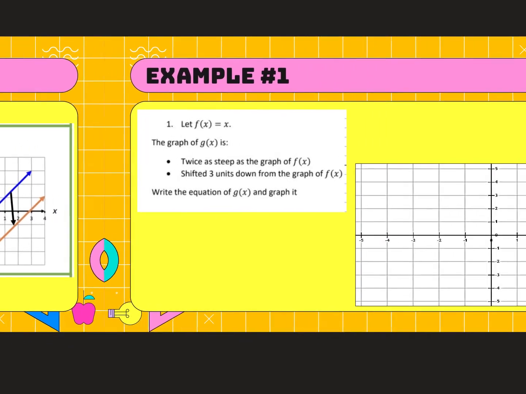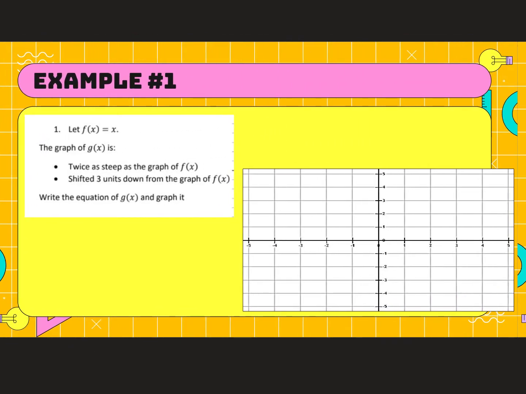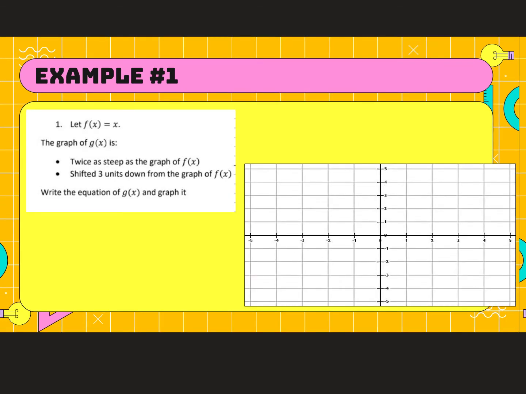All right. So let's look at some examples. So we're here, let f of x, remember f of x is the same as y. So I'm going to write that as a reminder. f of x is the same as y. All right. So we're going to start off with our parent function. So let me go ahead and change colors here.